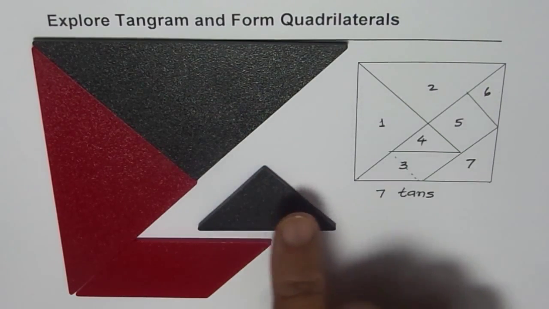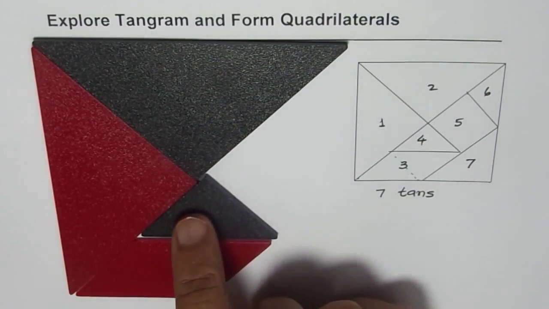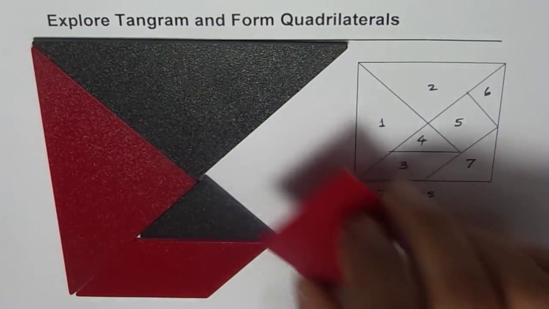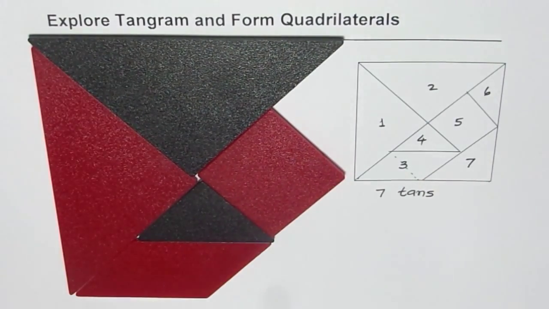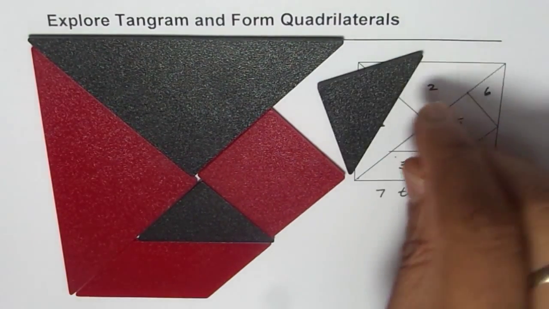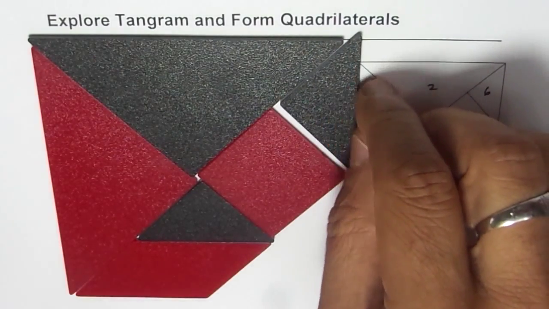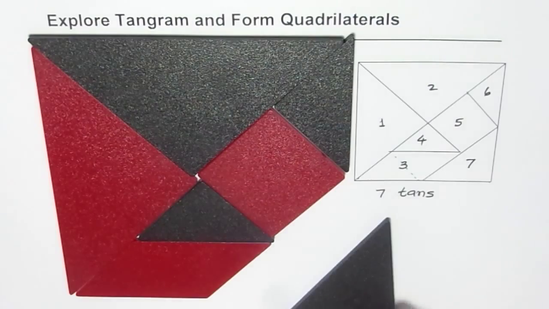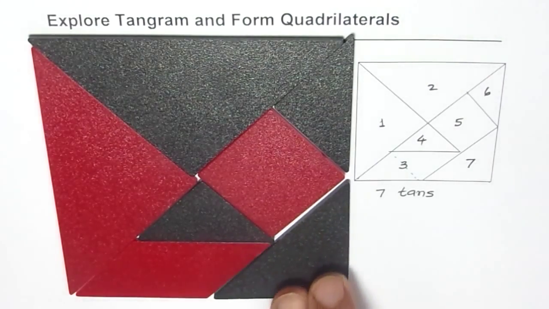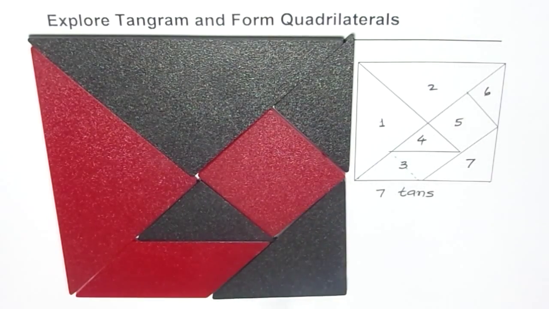Okay. Let me place a triangle here. So that's a triangle. And then I have a square. Let me place a square. That is the square, right? And then I have a similar triangle. Okay, that's my similar triangle. And a medium triangle, that's piece number 7. And when I put these 7 pieces together, I make a big square, correct?